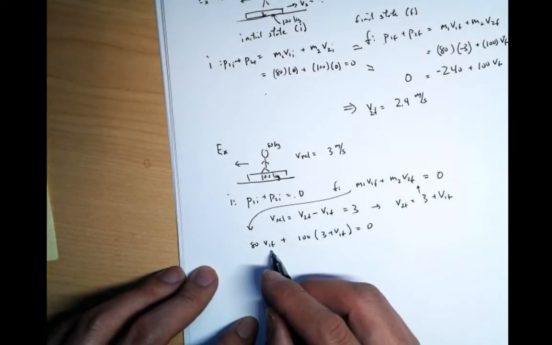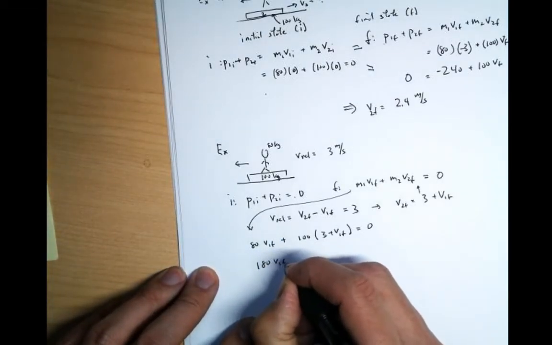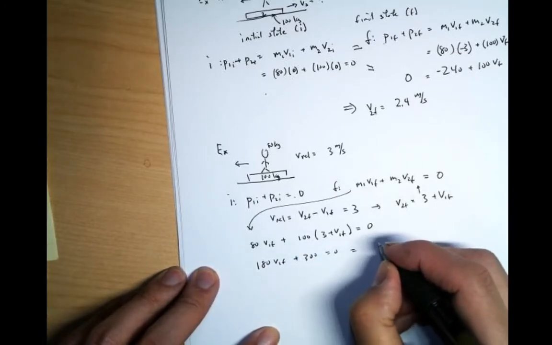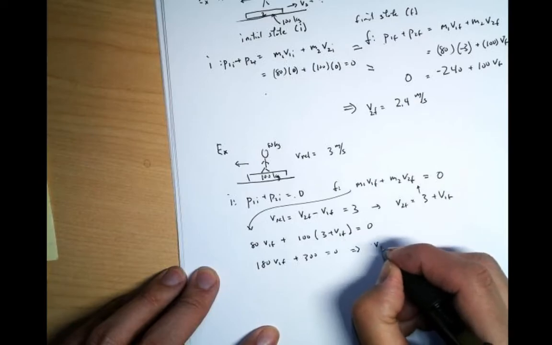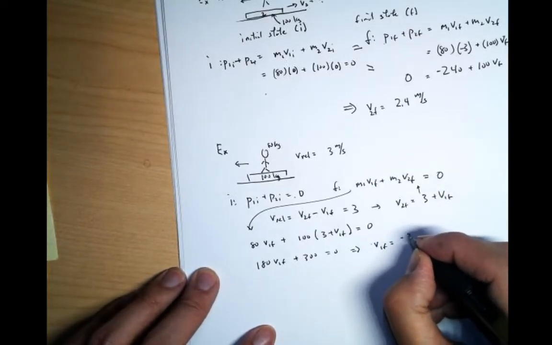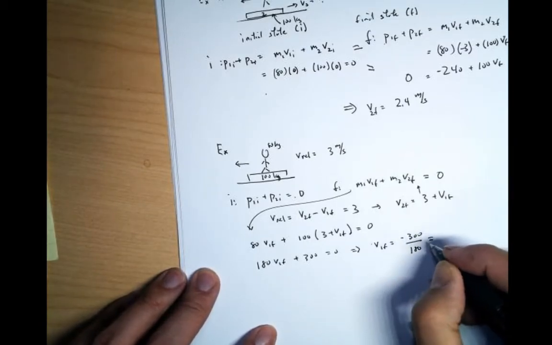So this is going to be 180 v1f plus 300 equals 0. So that implies v1f is equal to minus 300 over 180, which is what?